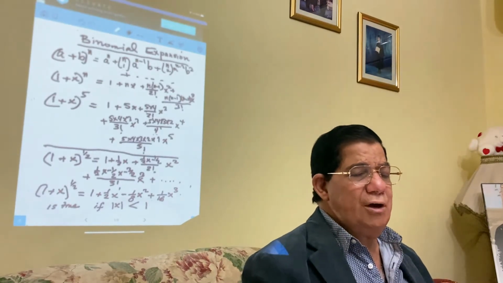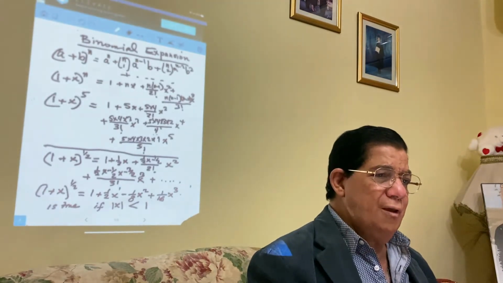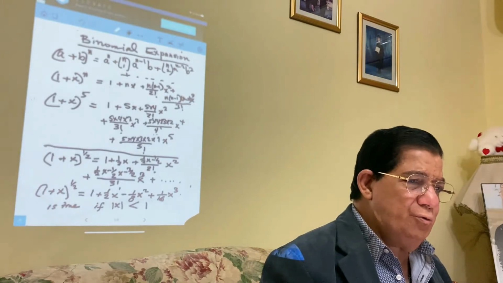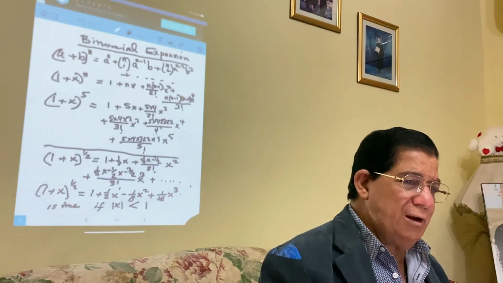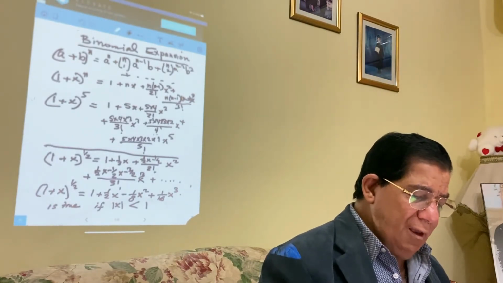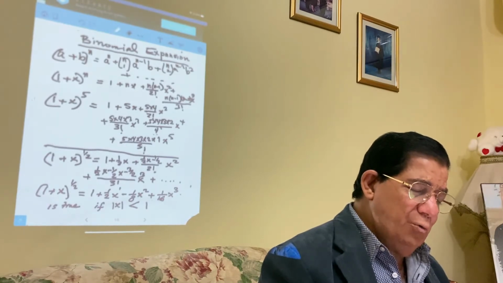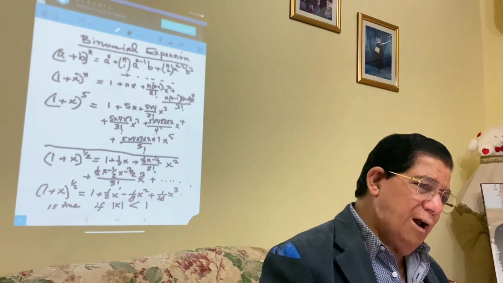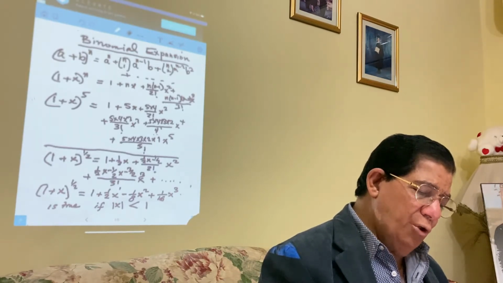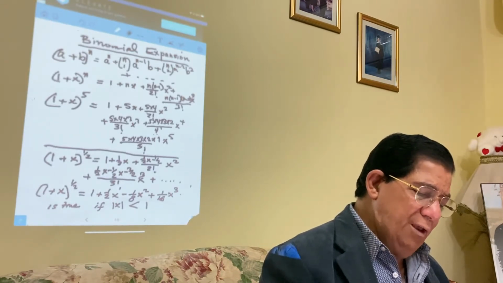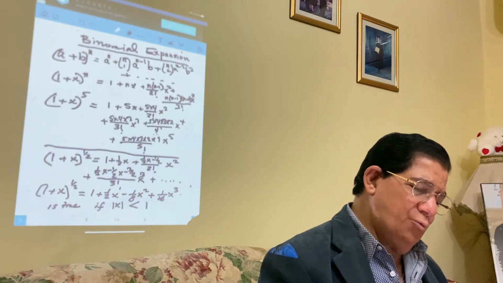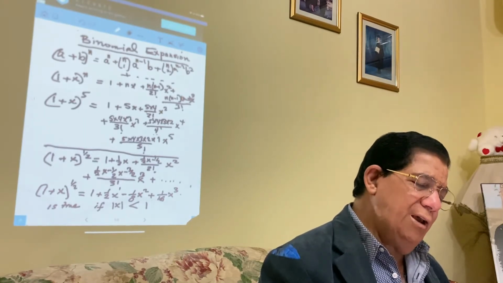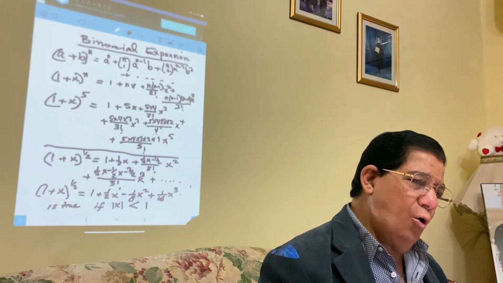Because x cannot be minus 2, as minus 2 to the power 4 is a very large number. Therefore, we want x to be between minus 1 and 1. This means modulus x less than 1, and then this expansion will be almost true.